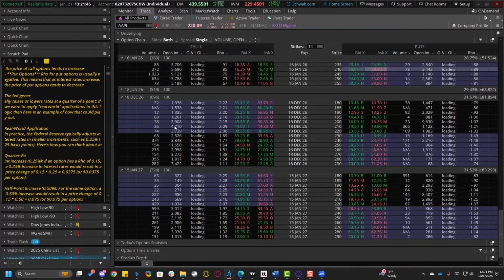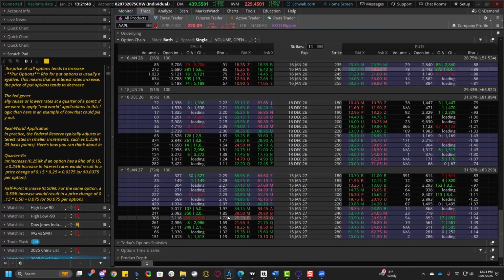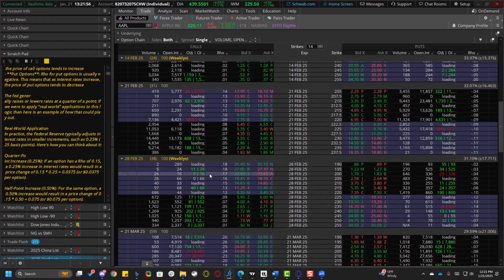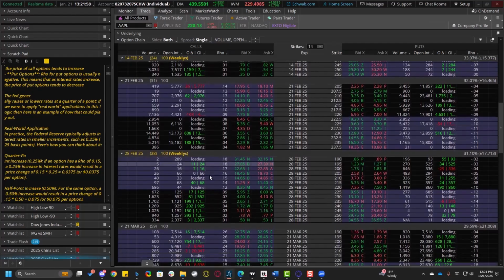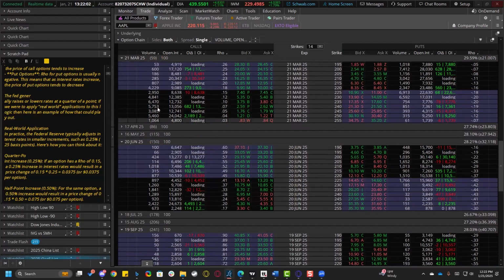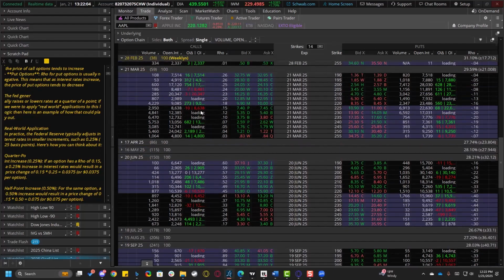Plus, look at how far out in time I had to go to even find a high Rho. If we're trading in the front end, the way swing traders would trade, less than 60 days to expiration, so here's 59 days right here in March, and we've got a Rho of 15 cents.